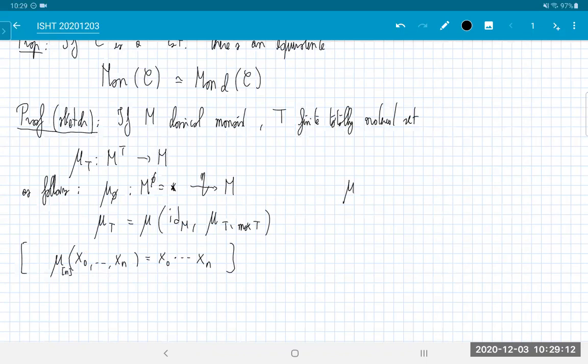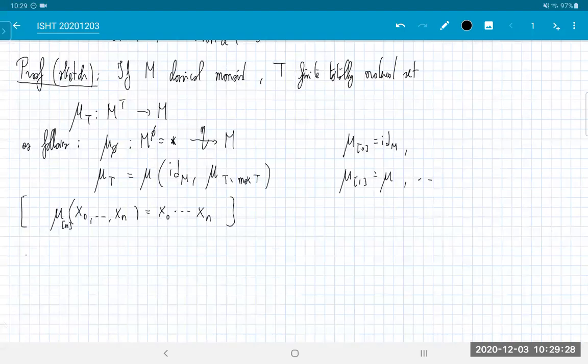For example, mu of 0 is just the identity, mu of 1 is just mu, etc. And associativity tells us that it doesn't really matter in which way I'm splitting.